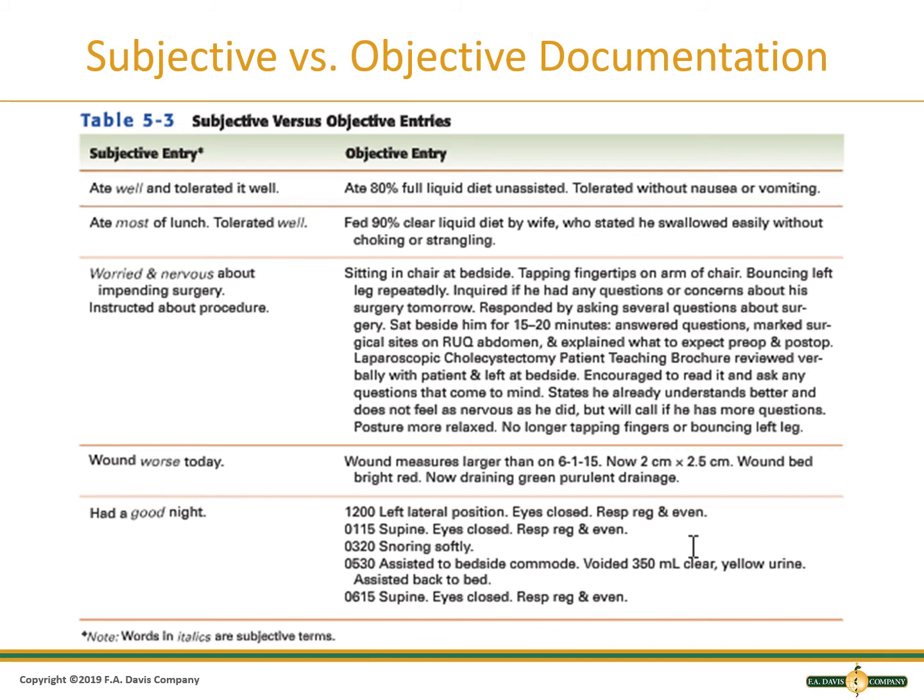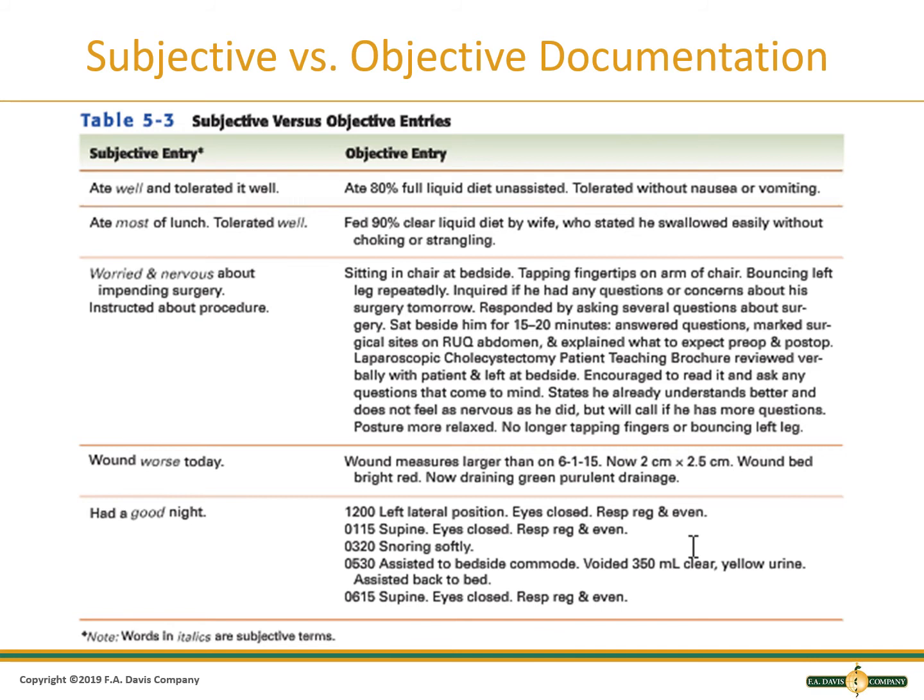"Worried and nervous about impending surgery, instructed about procedure." That's our subjective entry. Objective says: "Sitting in chair at bedside, tapping fingertips on arm of chair, bouncing left leg repeatedly. Inquired if he had any questions or concerns about surgery tomorrow. Responded by asking several questions about surgery.